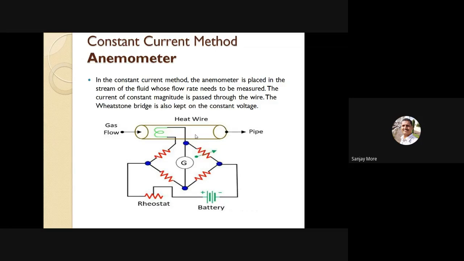So in this constant current method, the anemometer is placed in the stream of fluid flow, where the flow of fluid is measured. A current of constant magnitude is passed through the wire. The Wheatstone bridge is also kept at constant voltage, meaning current and voltage are constant.